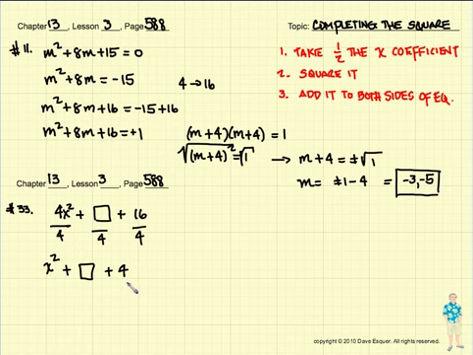Well, we know that we're going to take half of that x coefficient, cut it in half and square it. In order for us to get that 4, which was that square, that middle coefficient had to be a 2.